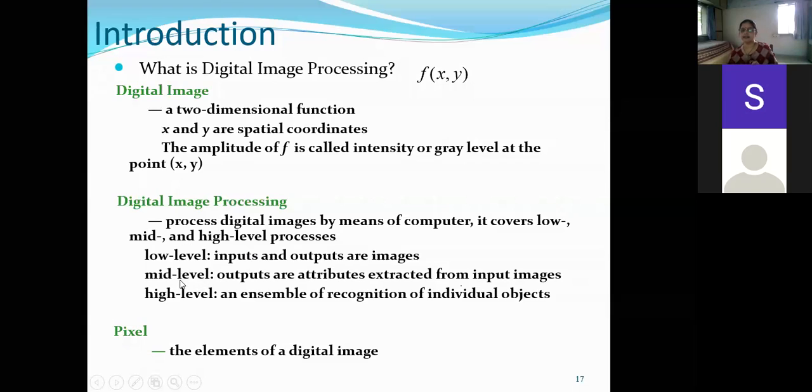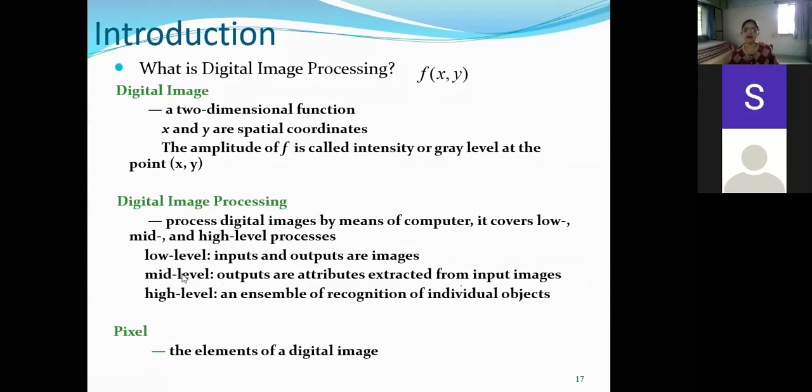Then second is mid level. For the character recognition application, the next step, segmenting the characters from the document, comes under mid level processing. We can segment the characters and represent those characters with some important features.